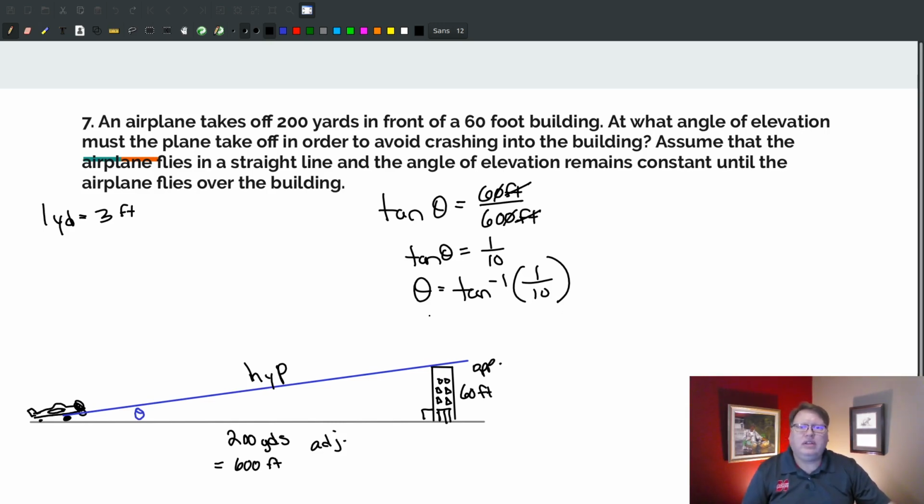Because again, I'm still in degree mode. If you're not in degree mode, you're going to get a freaky answer. But this is 5.71 degrees. Which tells me this airplane taking off at that distance from the building would have to take off at an angle greater than 5.71 degrees. Okay? And that is our problem. And you're done.